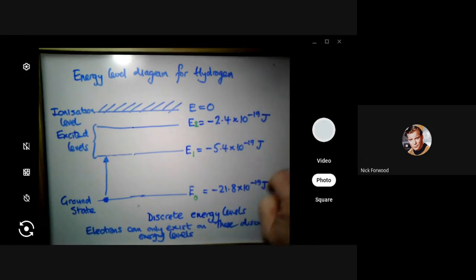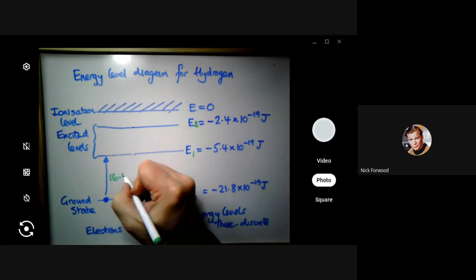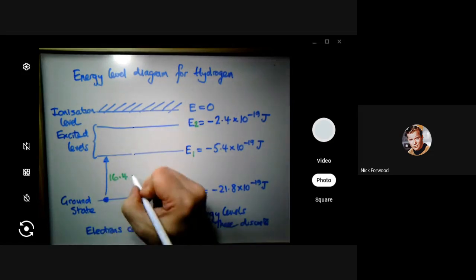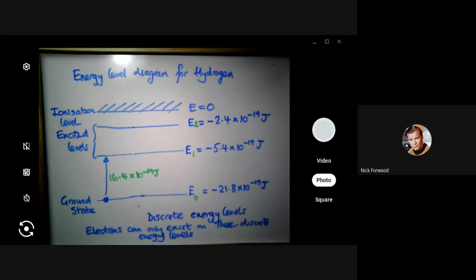I'm going to do 21.8 take away 5.4, and that is equal to 16.4. What I would need to do is give this electron 16.4 times 10 to the negative 19 joules, and it will go from there to there.